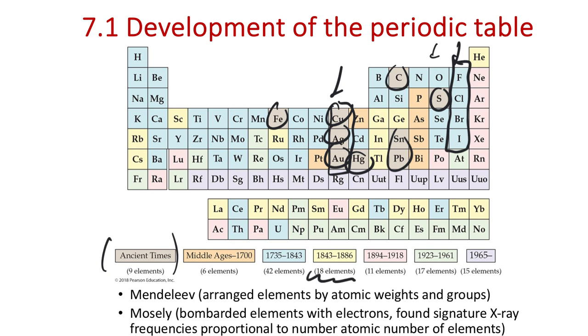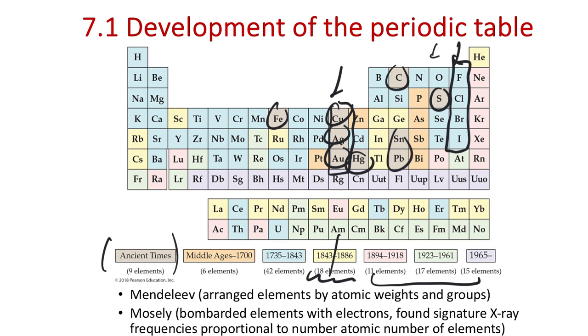If you then notice, we have a good number of elements that weren't even known at the time the periodic table was discovered. We probably only knew about half the periodic table when it was proposed as an idea. Mendeleev is the scientist credited with arranging the elements. Moseley later was bombarding elements with electrons and finding an X-ray signature.